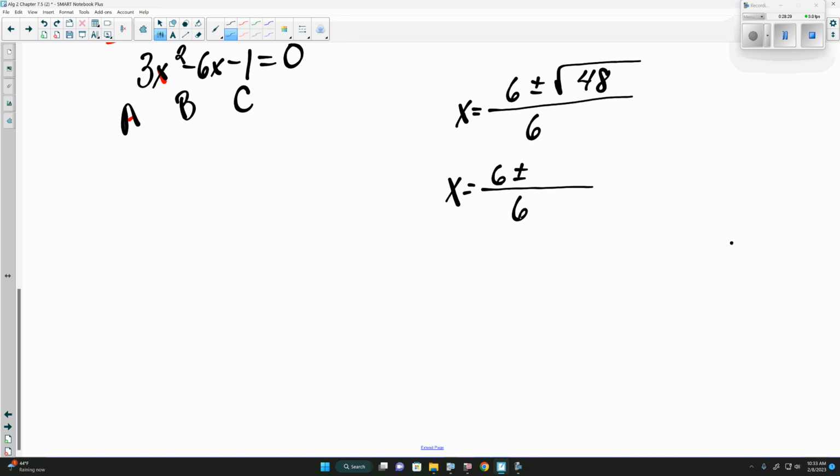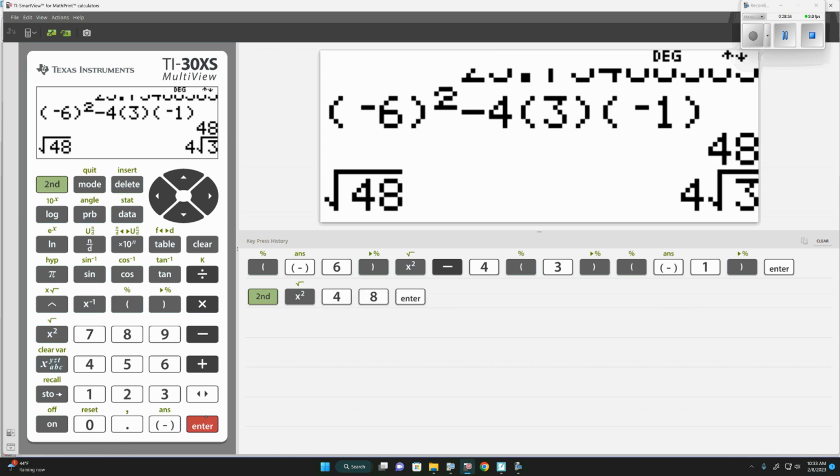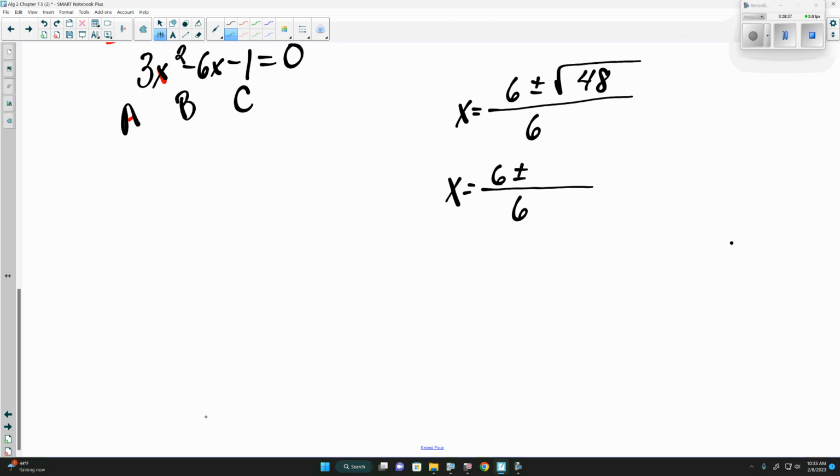Now the square root of 48 is nice because it does simplify a little bit. We can take the square root of 48, which is 4 square root of 3.